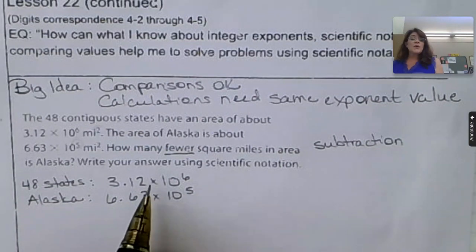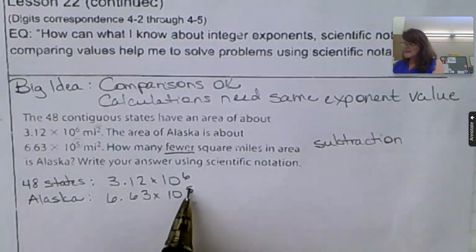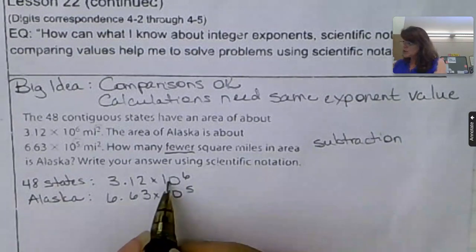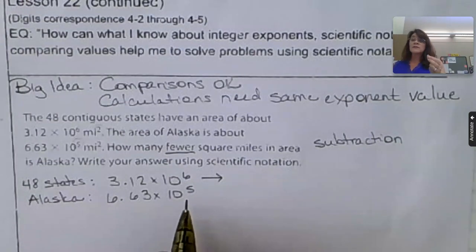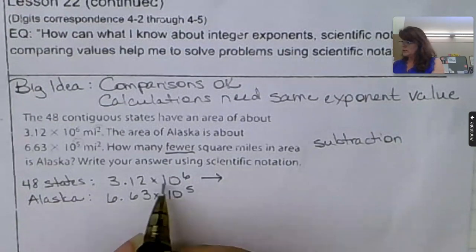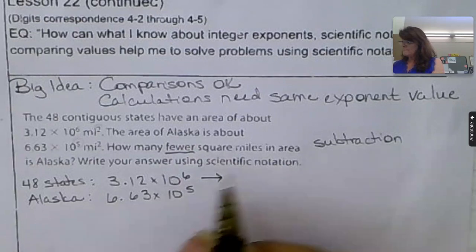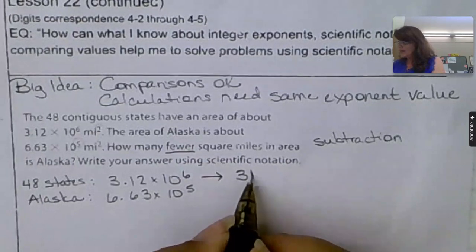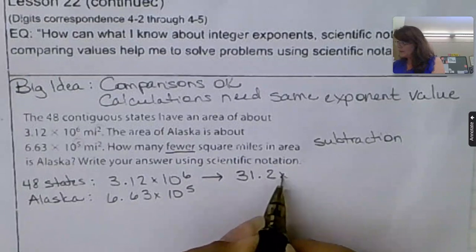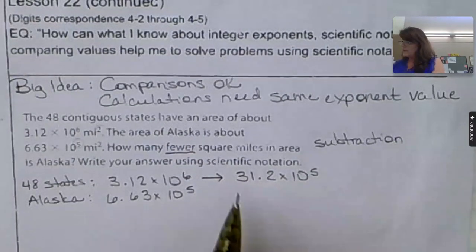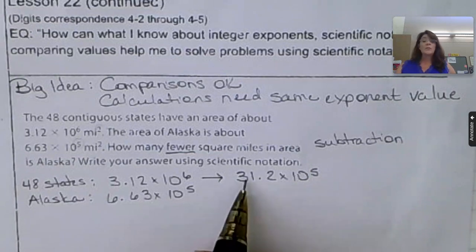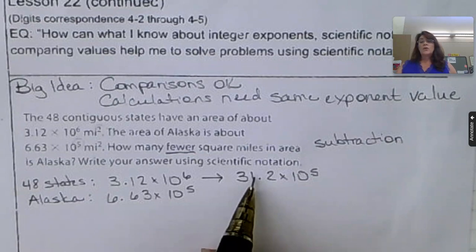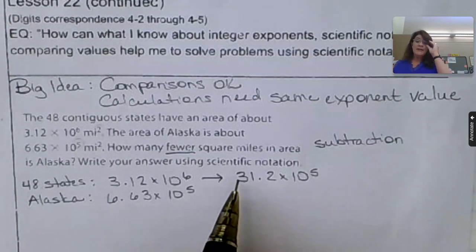In order to subtract these, I need to make these exponents match. So I'm going to take this out of scientific notation. It's going to break the scientific notation rules, because I now have a leading number that's more than 10. For the purpose of what we're doing, that is okay.